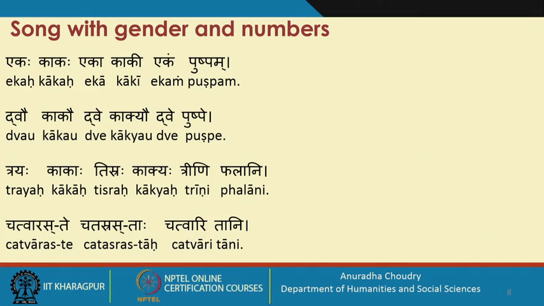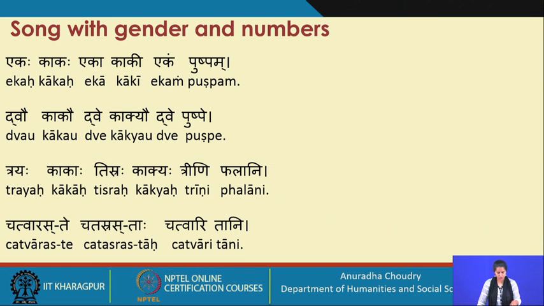Alright, now let's look at the screen and I'll get you to do that. So just a few things that we haven't yet touched in the class and we look at in our following sessions is that here you have the dual case, which is with the dvau kakau, and in the feminine it is dve kakyau, and the neuter it is dve pushpe. And then in the plural, the word kakah becomes kakah. The kaki ending with the e becomes kakyah.